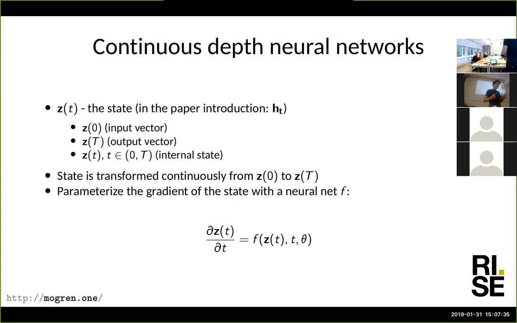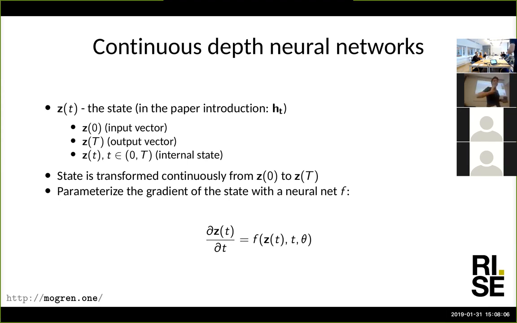They just change it, and now it's called Z. So Z at time t is the state at time t, or depth t. When propagating through the network, we're going from t equals 0 to t equals capital T. That's how we're transforming Z from time 0 to time T. That's also why we write Z as a function of the time parameter.